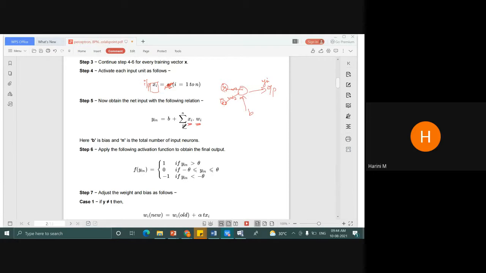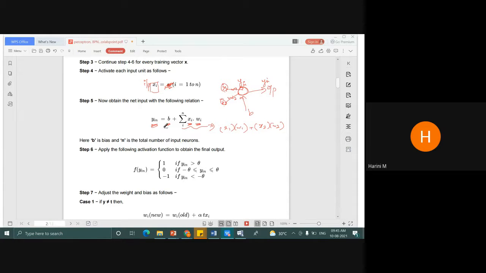On expanding this, it's going to be x1 into w1 plus x2 into w2. So this is the actual formula for your architecture, and with that you have the bias value. These are the inputs for your neuron, right? So your incoming values are known as y in. That is why it is termed as y in.